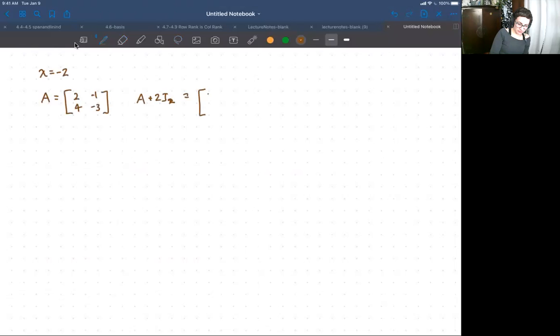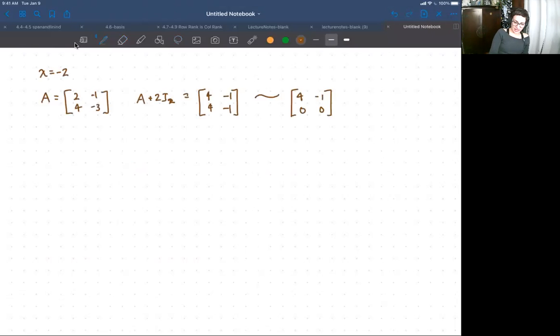All right, 2 plus 2 is 4, -1, 4, -3 plus 2 is -1. And from here, we can get this into reduced row echelon form, or even just echelon form. Maybe I'll leave the 4 alone here, but we've got 4, -1, 0, 0.